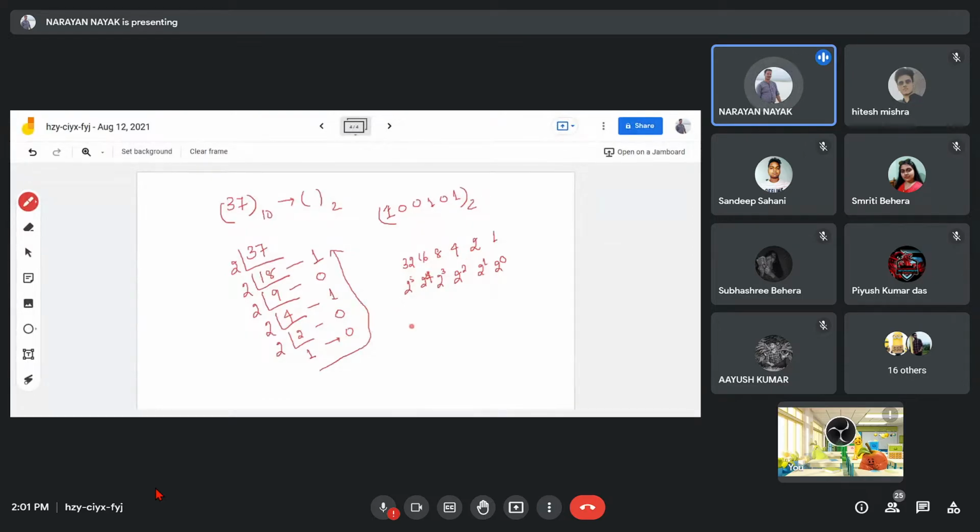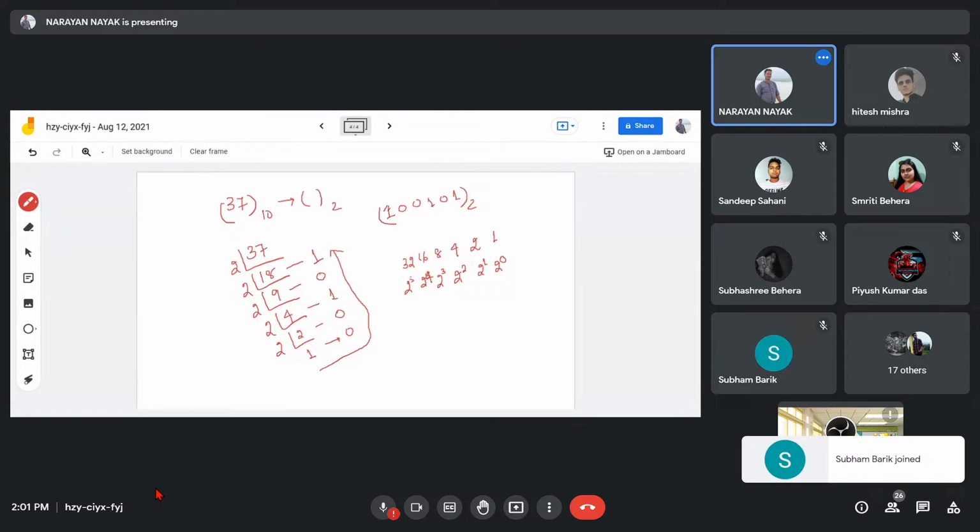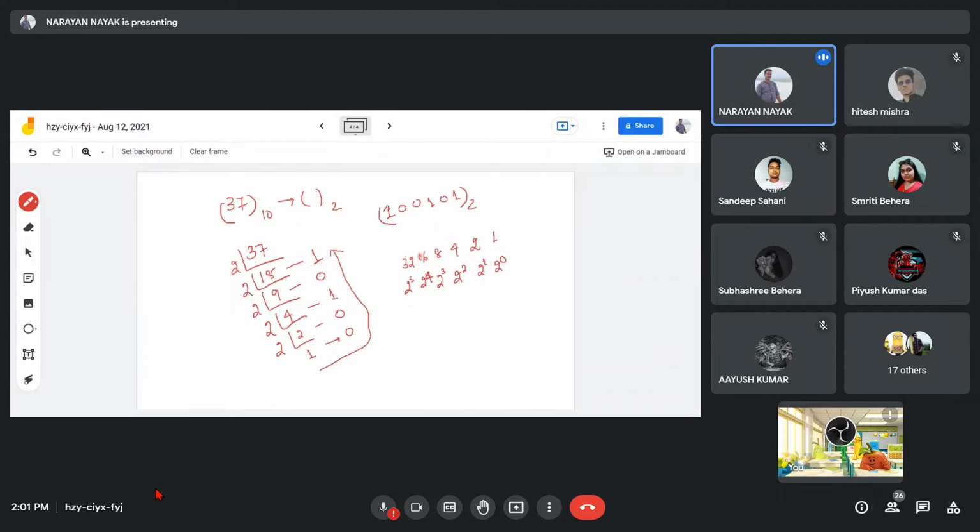Understood? Now you have 37. What values are to be added so that you get 37? I mean, 32 plus 4, that is 36, plus 1 is 37.